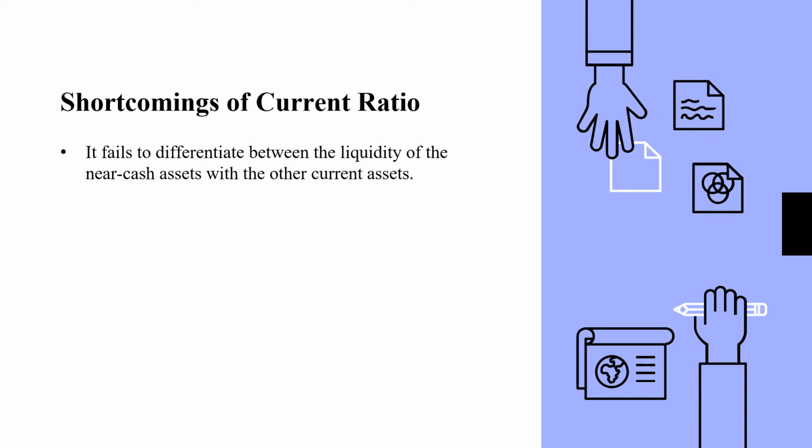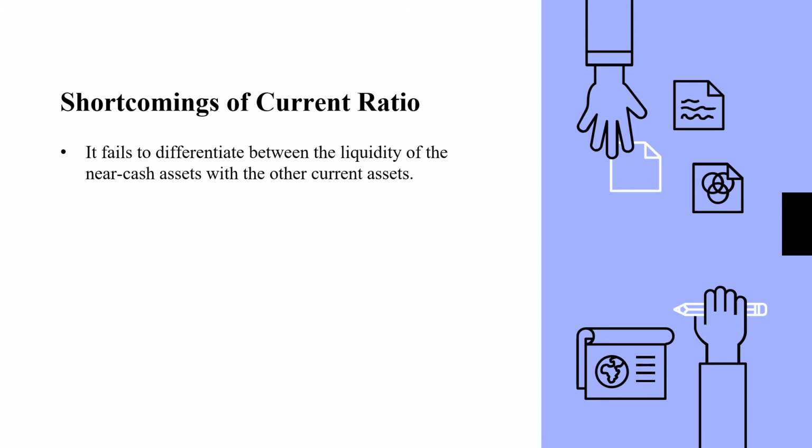As I said earlier, under current assets, we have the most liquid, going down to the less liquid. We have cash, cash equivalents, accounts receivable, inventories, prepaid expenses, etc. From the most liquid cash, down to the less liquid assets. So, in the current ratio, this is its disadvantage because all the current assets are lumped together. It is not very reliable because inventories are there, which are sometimes slow-moving.